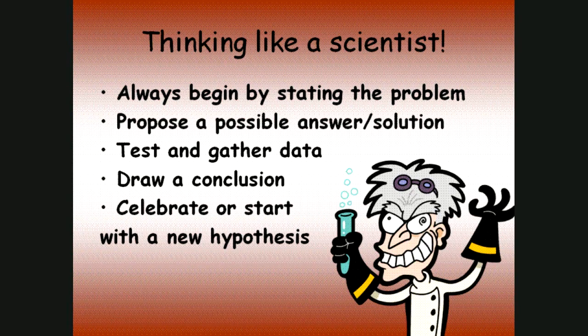So don't think of experimental failure as being failure. It's just a battle. You lost a battle. You haven't lost the war. So go back to your problem or your question and build a new possible answer or solution, and then go through the steps again. Okay, that's thinking like a scientist.